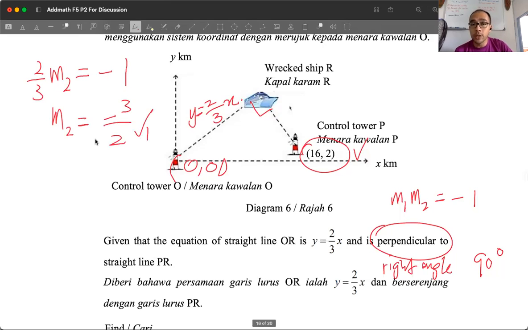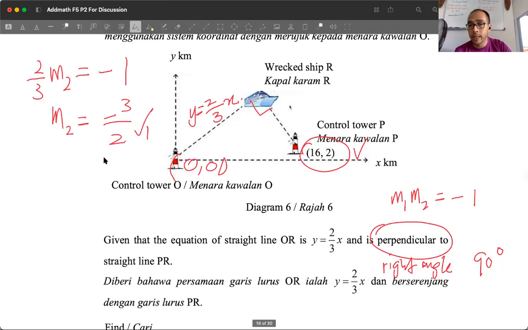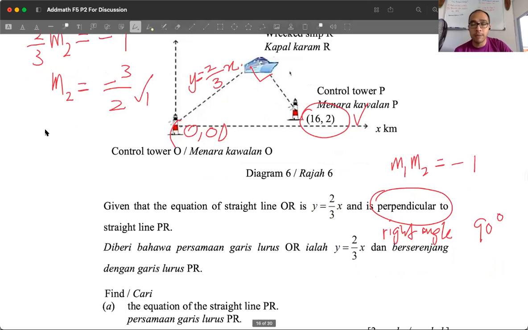Then you substitute. It depends on how you find the equation of a straight line. I'm going to use the easiest method because everybody in maths also uses this method. So y equals mx plus c. I substitute m, x and y. So y is 2, m is negative 3/2, x is 16. My aim is to find c.